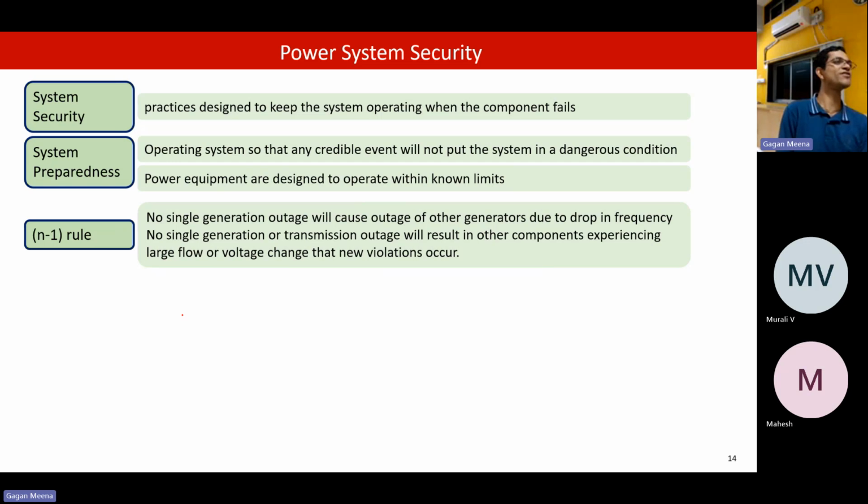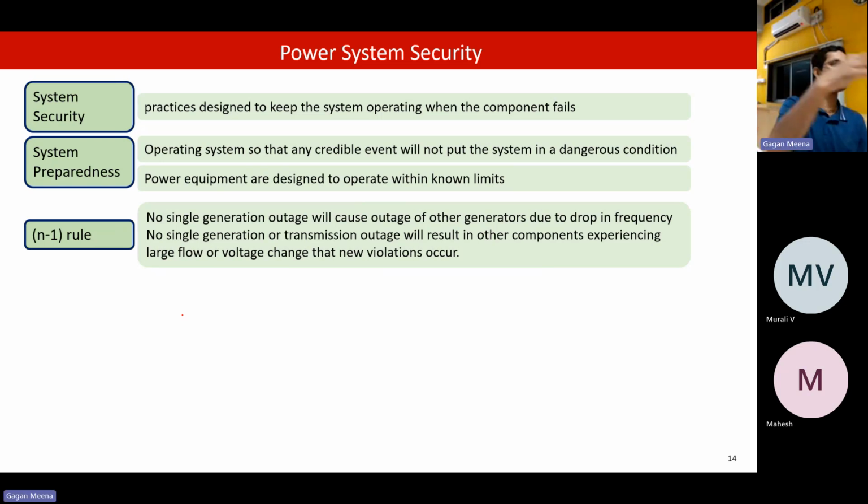Similarly, it happens with lines also. The 2012 blackout happened like that. There was an overload on one transmission line, but the relay saw it as a fault. It was a load encroachment problem. The overload relay thought there was a fault, and the line was taken out.